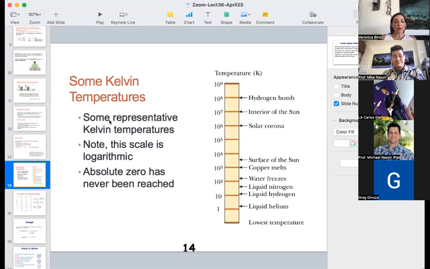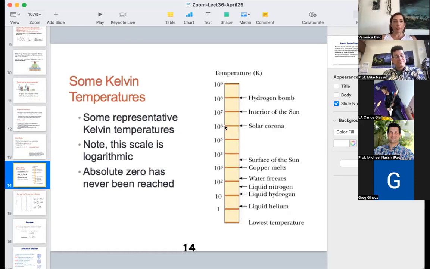So to give you also some representative Kelvin temperatures, we can see here, for example, where we use the temperature in Kelvin. We use it, of course, in astronomy, as we just said, with the CMB, but we also use it, for example, for the interior of the sun, which is 10⁷ Kelvin, very, very hot. Hydrogen bomb, 10⁸.